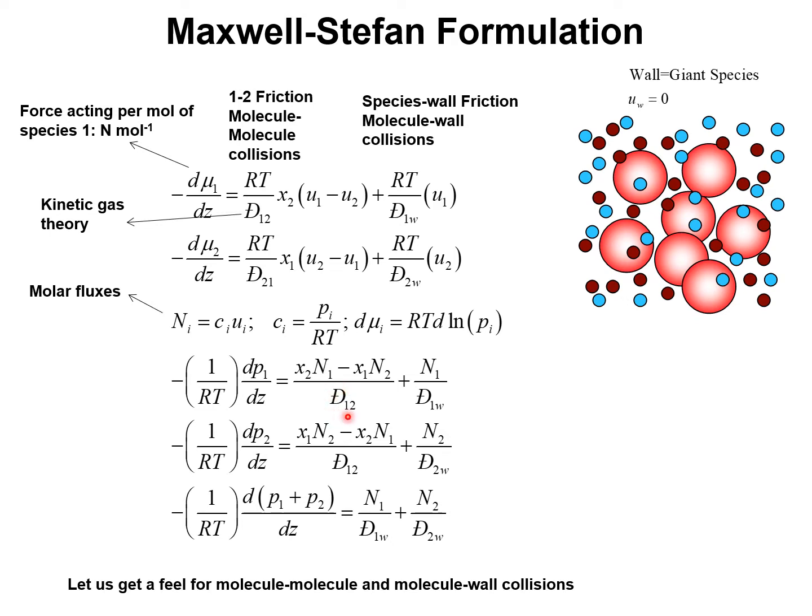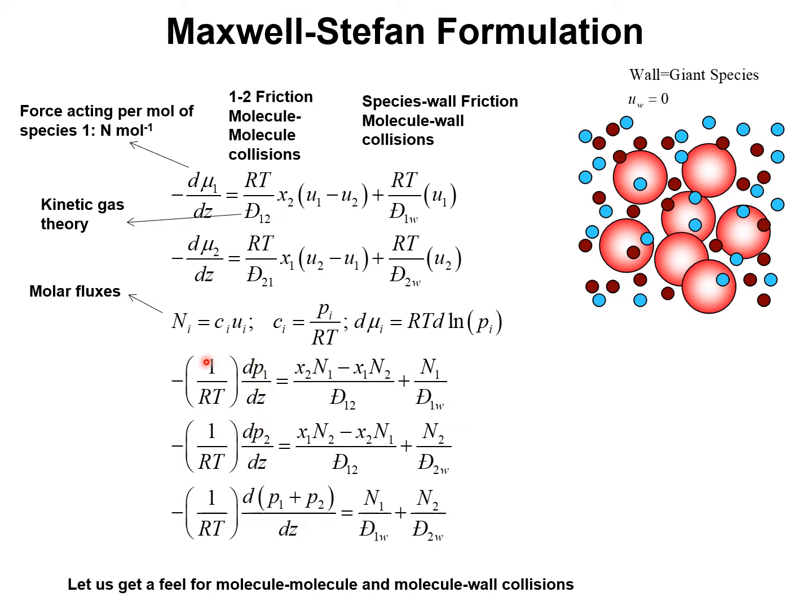To repeat, D12 is the diffusivity of the component 1-2 pair in the bulk gas mixture. D1W is identifiable with the Knudsen diffusivity for conditions where the Knudsen prescription holds.